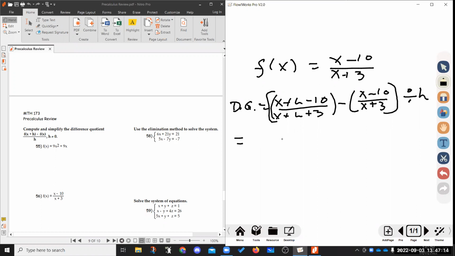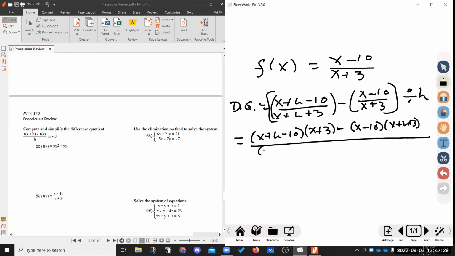We're going to make a common denominator first. So this is x plus h minus 10 times x plus 3 minus x minus 10 times x plus h plus 3, over x plus 3, x plus h plus 3. And then I'm going to go ahead and say times h. H is going to go into the denominator down there because I'm multiplying by 1 over h.